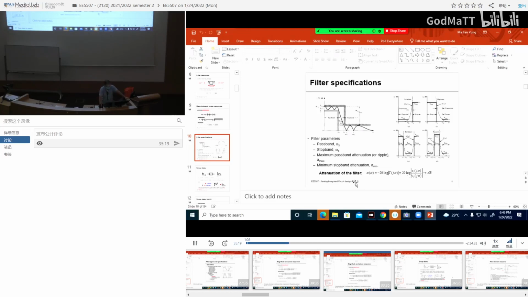And typically, for the attenuation, we will specify it like this. Attenuation is minus 20 log magnitude of the transfer function. So why minus? Because this number at the stop band will be a negative number.